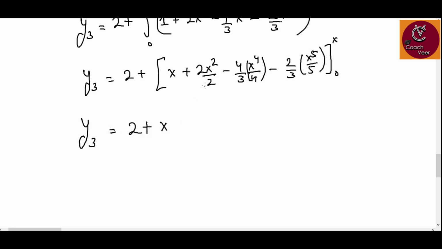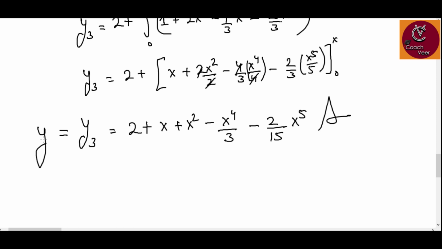This 2 gets cancelled, so x square. This 4 gets cancelled, so negative x to the power 4 by 3, negative 2, let's write it, 3 times 5 is 15, x to the power 5. That's our y3, or simply, if you don't want to go further, simply y. That's the better approximation, or the third approximation.